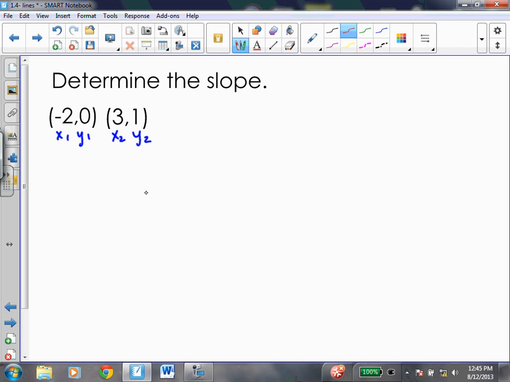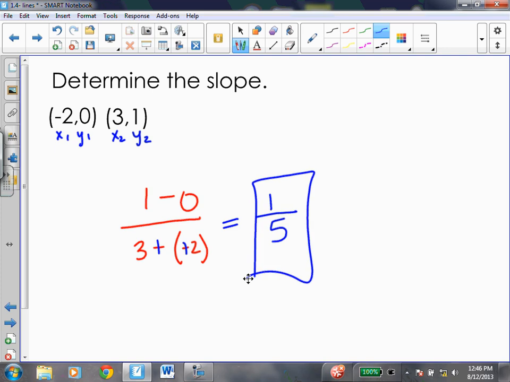So the differences in my y's would be 1 minus 0 over 3 minus negative 2. 1 minus 0 is 1. 3 minus negative 2 is the same as 3 plus 2, which is 5. So the slope between these 2 points is 1/5, or rising 1 and running 5.